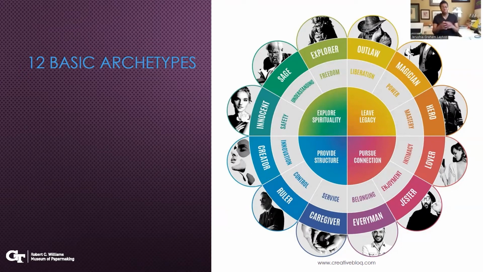So these 12 archetypes, we have the outlaw, the magician, the hero, the lover, the jester, the everyman, the caregiver, the king or ruler, the creator, the innocent, the sage or wise man, and the explorer.